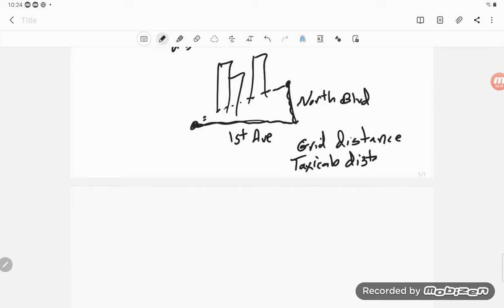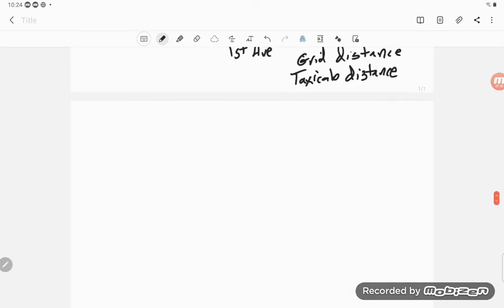And there are other names for it as well, but this grid distance, where I'm stuck on the grid or taking a taxi cab on a grid, that is another way to measure distance. And you can see that if I'm stuck on city streets and so forth, then I really am stuck to using the distance here. I really am stuck on those streets.